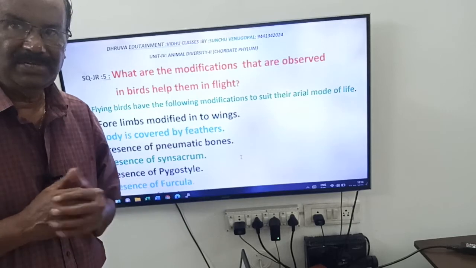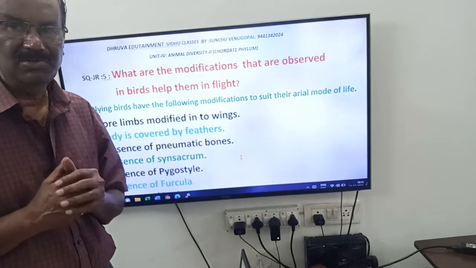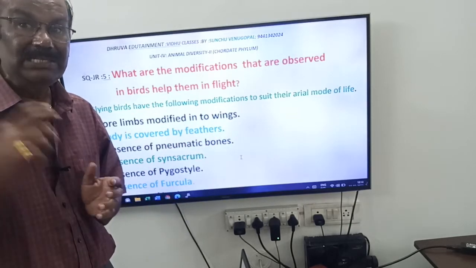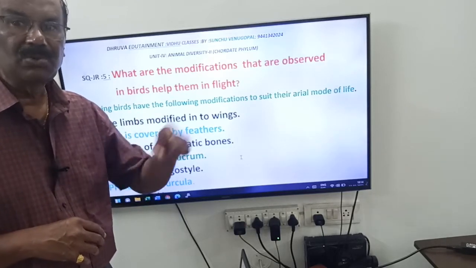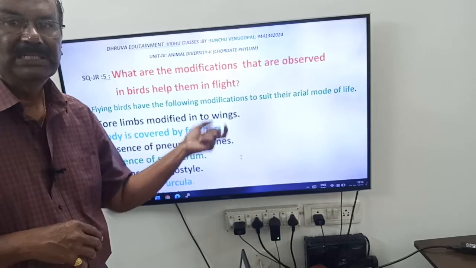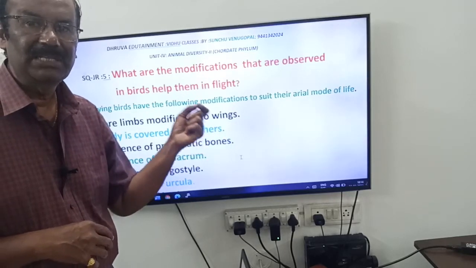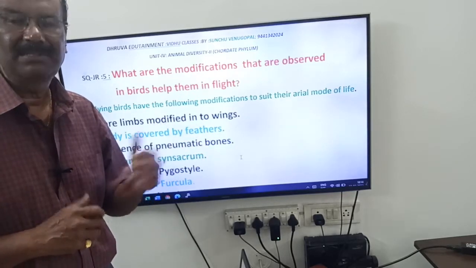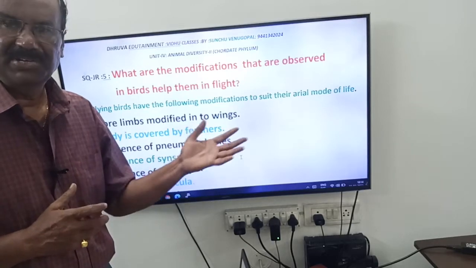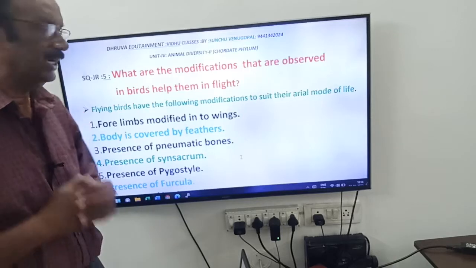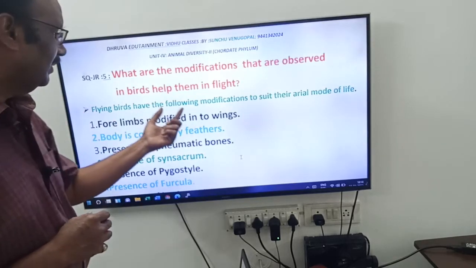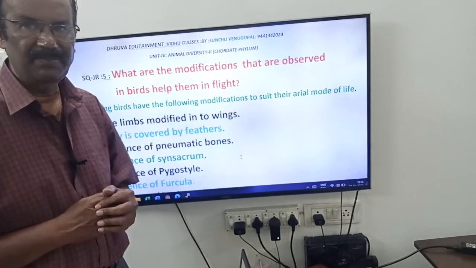Ostrich, American ostrich, African ostrich, and kiwi are all flightless birds. So those birds do not have these characters. These characters are present only in flying birds like parrot and pigeon, and only in the flying birds we are writing, friends. Now see, flying birds have the following modifications.